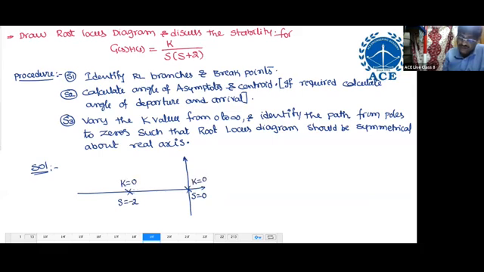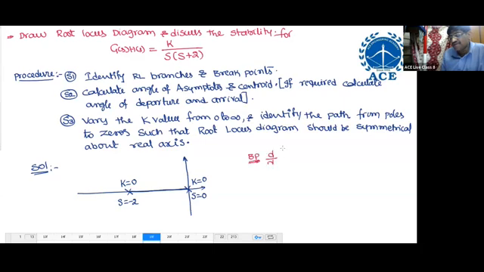At K equal to 0, root locus branches exist here. Is there a breakpoint? No doubt: with two adjacent poles having a root locus branch between them, a breakpoint exists. Now find the breakpoint.